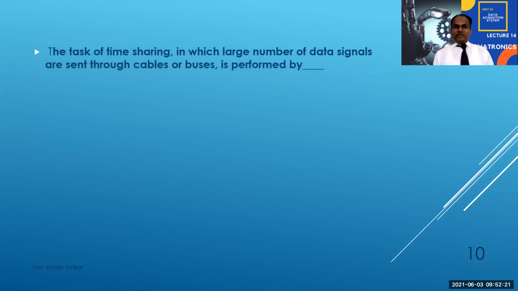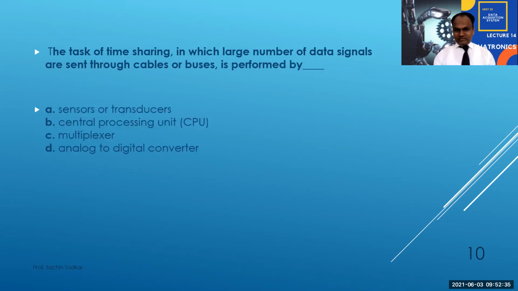Now next. The task of time sharing, in which a large number of digital signals are sent through cables or buses, is performed by.